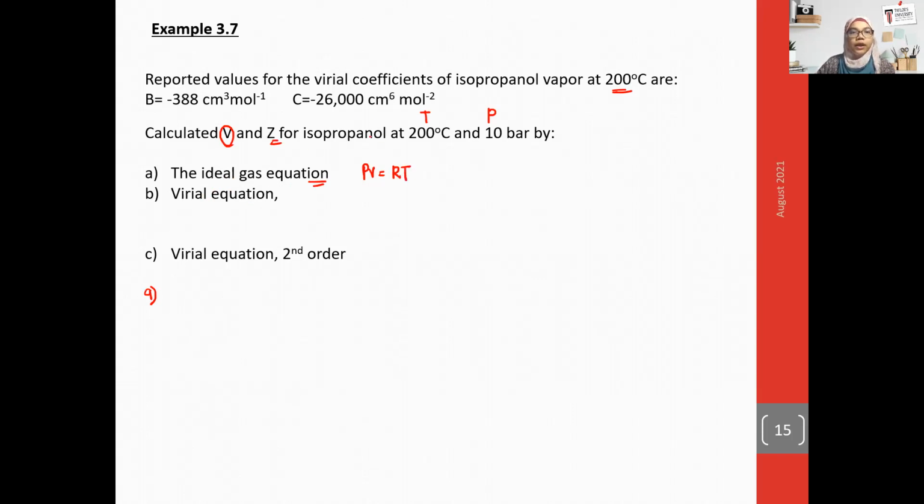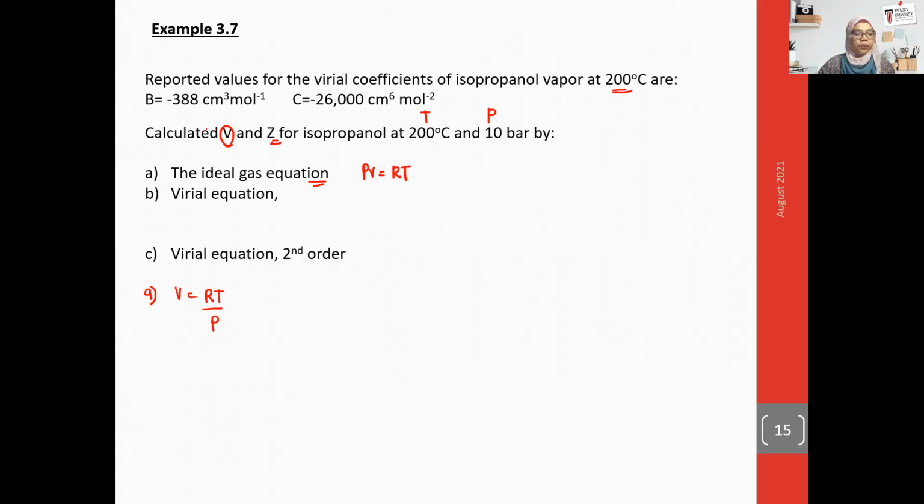So basically, we can determine the volume based on RT over P. What we need to do is insert the value of R, and also the value of T and the P.